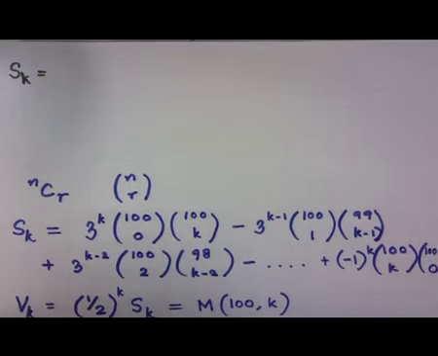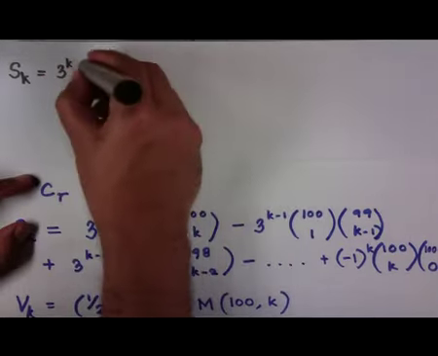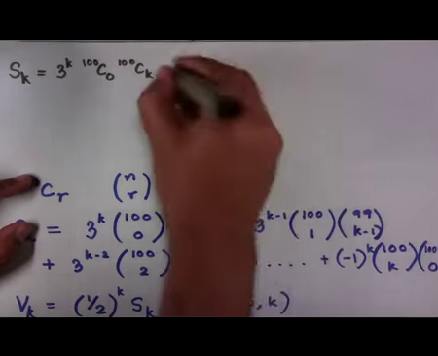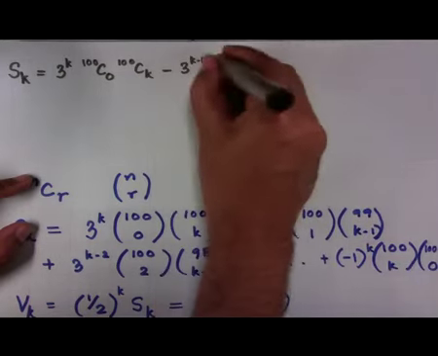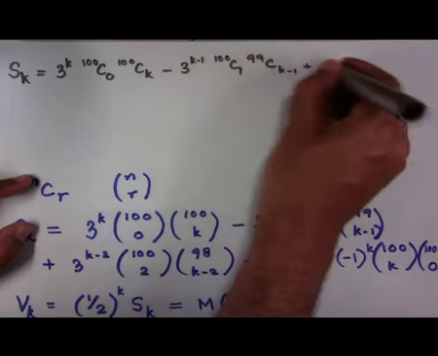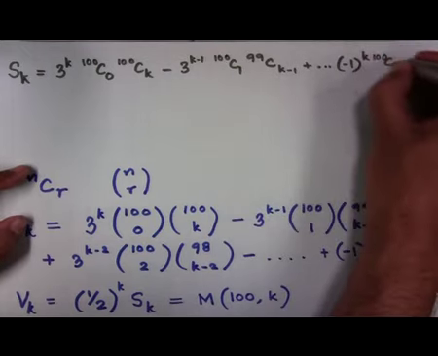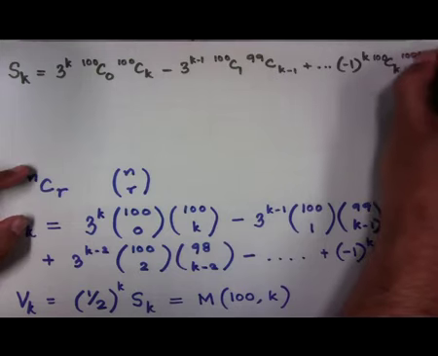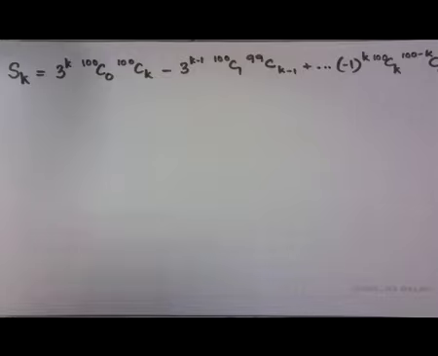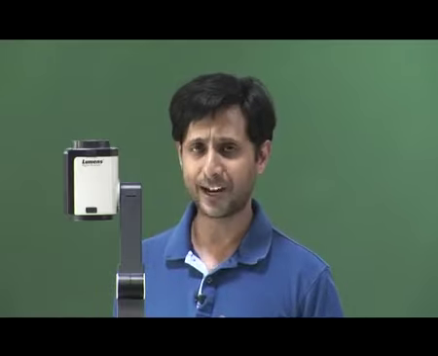I am just going to rewrite it in my own notation: 3 power k, 100 C 0, 100 C k, minus 3 power k minus 1, 100 C 1, 99 C k minus 1, and then dot dot dot, minus 1 whole power k, 100 choose k, 100 minus k choose 0. All right, this is my rewriting of their question, and then let us look at the general term.